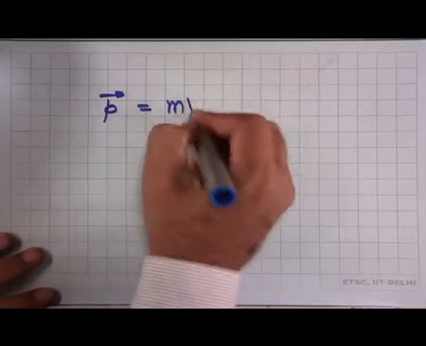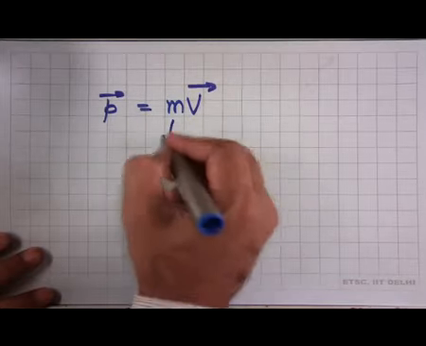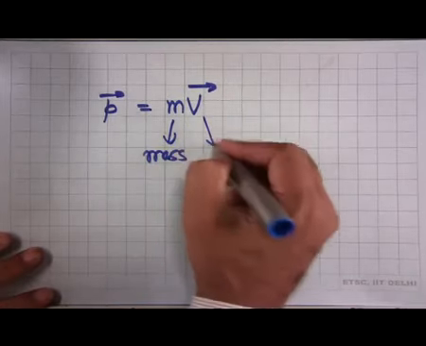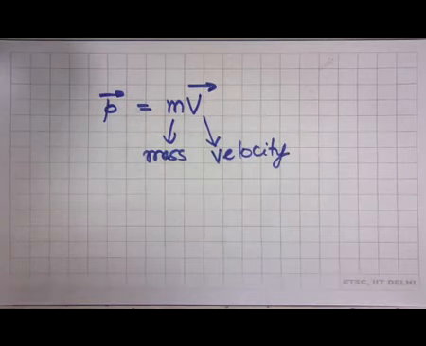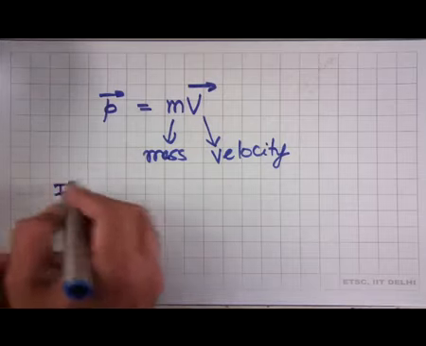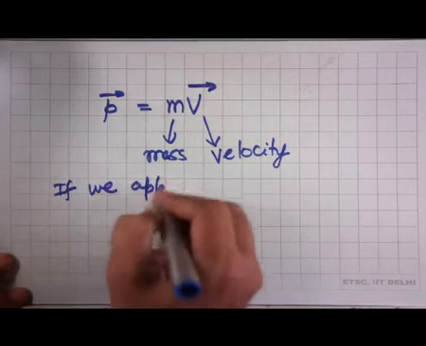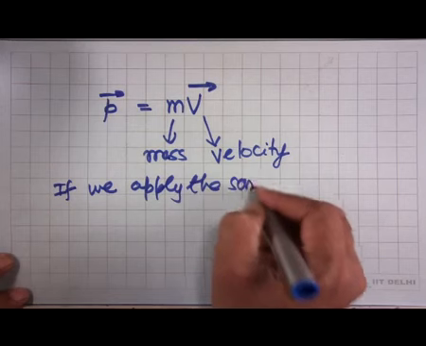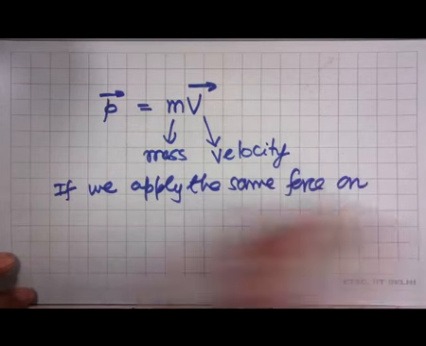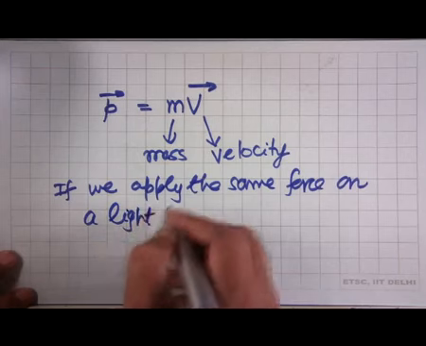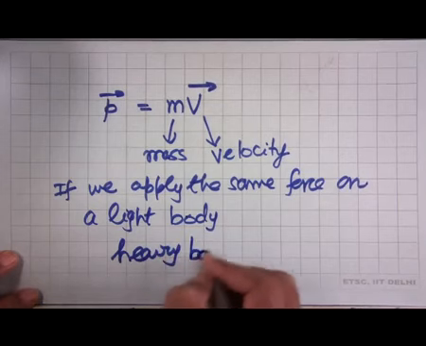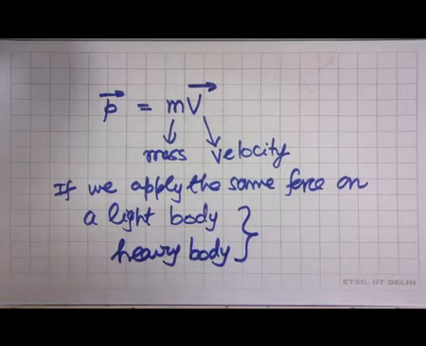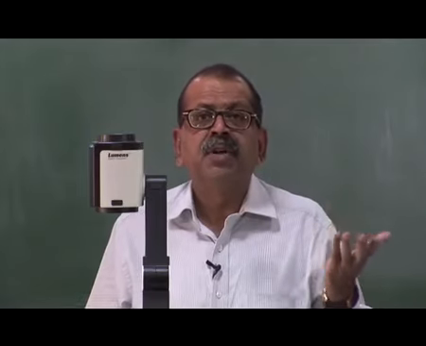Momentum is defined, as we have said, as a product of mass, which is a scalar, and velocity, which is a vector. So, therefore, momentum itself is a vector quantity. Now, we observe this: if we apply the same force on a light body or the same amount of force on a heavy body, what difference do we observe in the motion?